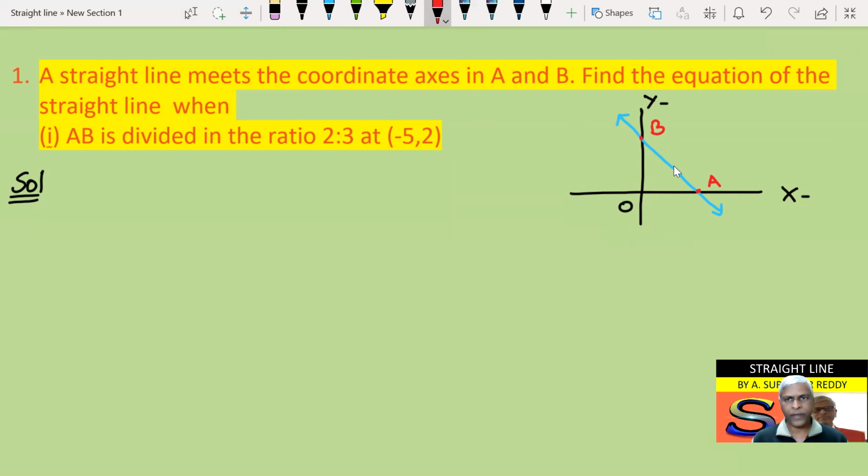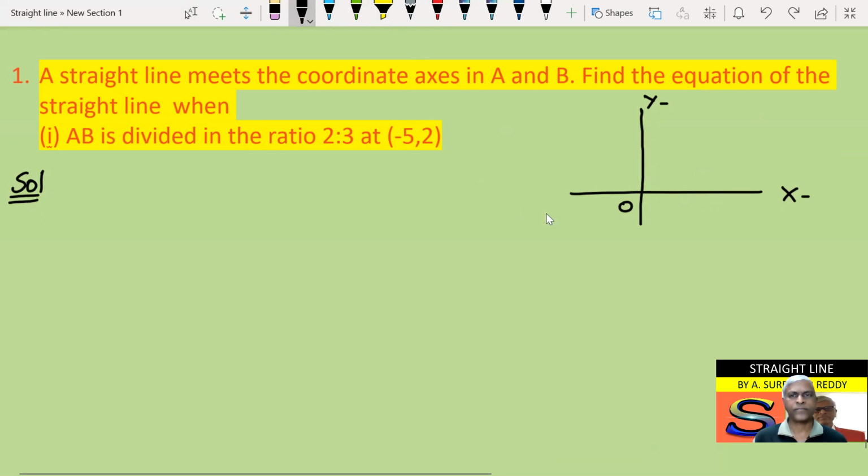And there is a point P, which divides AB line segment in 2:3 ratio. Otherwise, you can take the line this side. Let us take the line this way.